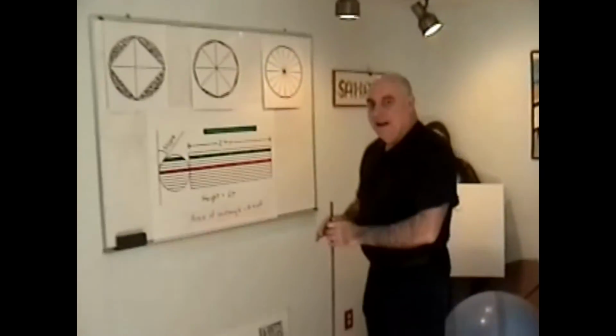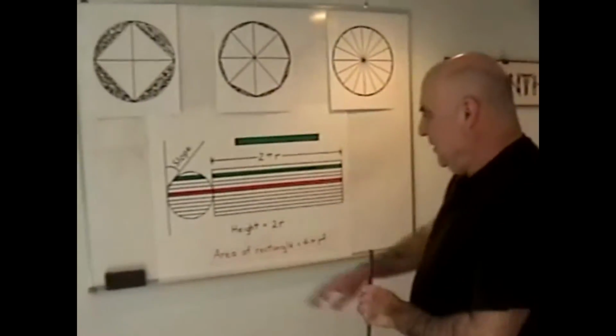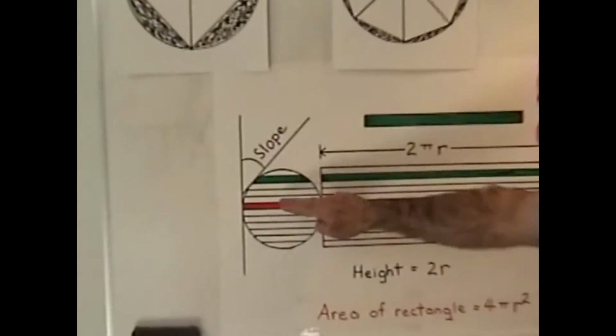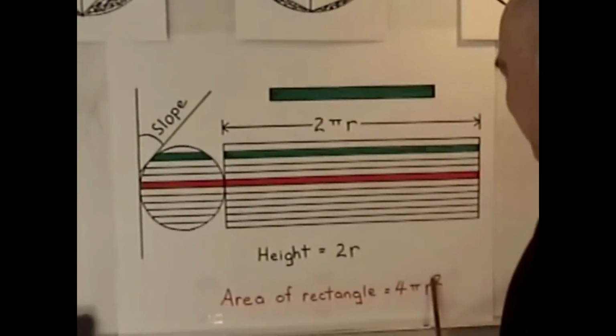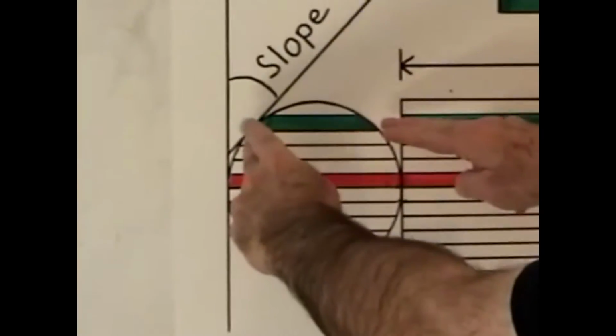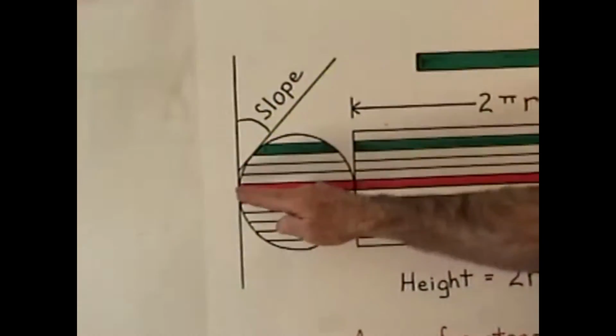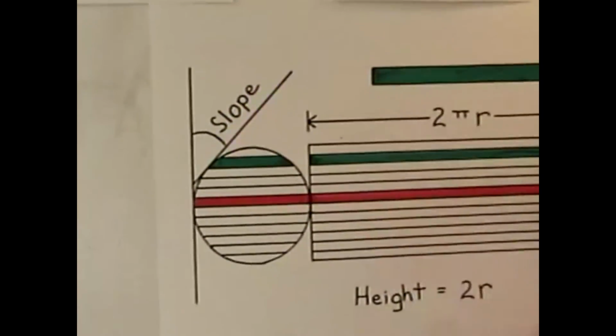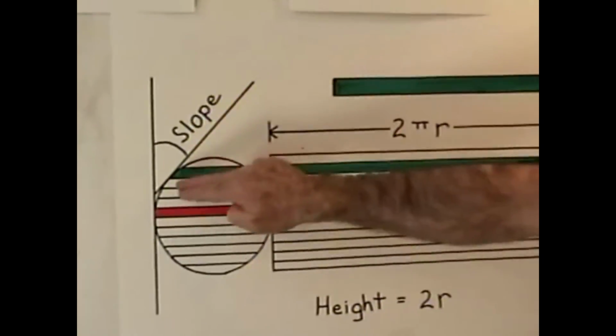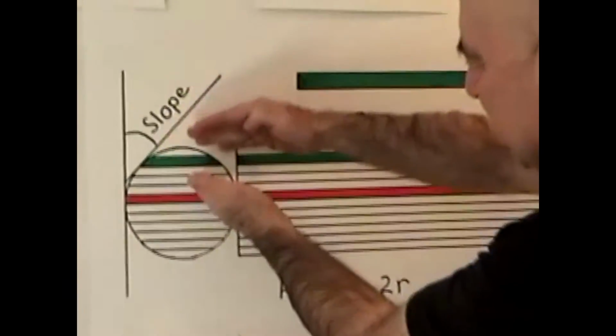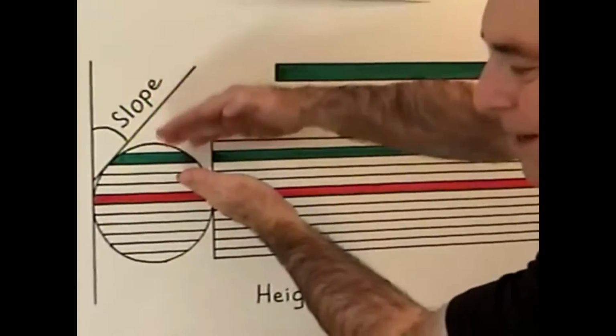So, here's what we just demonstrated. When you look at this sphere and these two stripes on the sphere, the green stripe, which is higher up, closer to the North Pole, so to speak, is narrower than the red stripe closer to the equator, but because of the slope of the sphere, the green stripe is also, in a sense, taller than the red stripe.